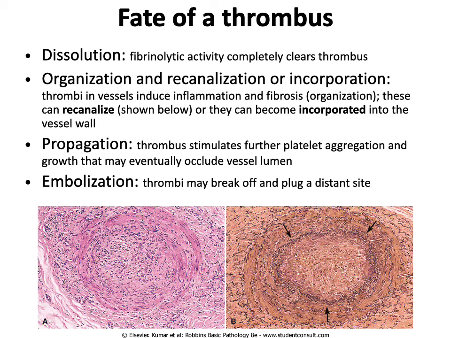So, organization is the formation of collagen around the blood clot. That's organization. Recanalization is when there will be a lumen or an opening within the blood clot through which blood can flow, and this is known as recanalization. Okay? Or the thrombus can become bigger, and this is known as propagation.